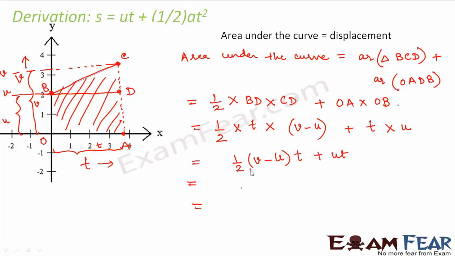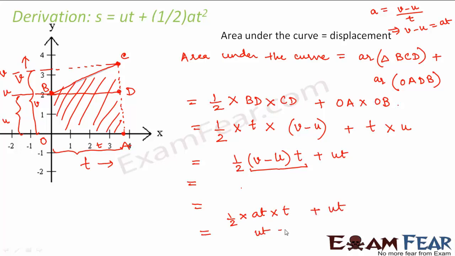Now if you look at it, as per the definition of acceleration, what is acceleration? It is v minus u by t. So you can write v minus u is equal to at. So this v minus u can be written as at into t plus ut. So this is equal to ut plus half at square.